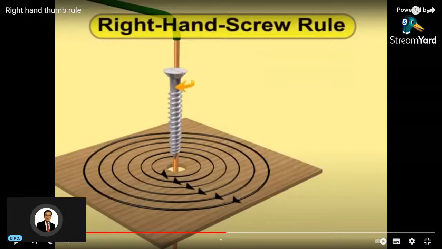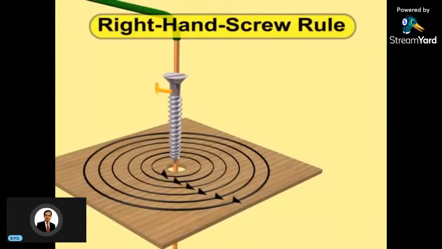So it is a complex motion. If the rectilinear motion of the screw is directing towards the current, then the rotational motion of the screw is directing as the electromagnetic field generated by the conductor due to flow of current through it.